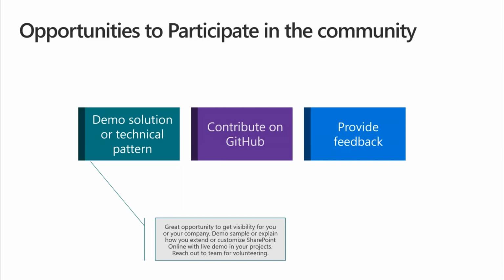You can demo an existing open source solution, or a solution which is not open source, which is completely fine as well, not for product selling purposes, but more like, hey, here's a solution which we built, these are the learnings, these are the technologies which we used. Those kinds of demos are super useful to understand what people are building, because learning from others is by far the easiest and most interesting way to understand what's possible in Microsoft 365.